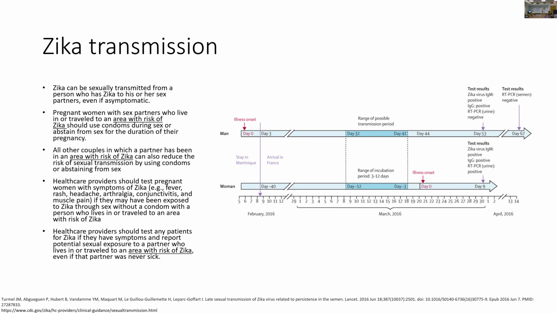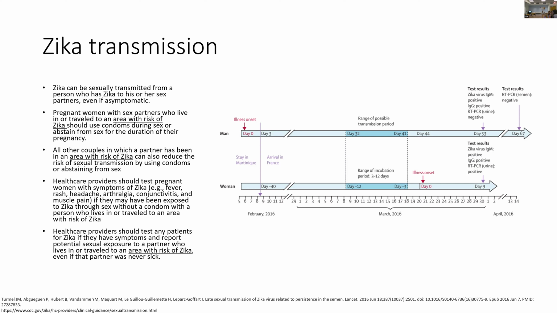We see the man had the onset of illness. The woman was in France and not exposed to Zika from insects. There was sexual intercourse, and then several days following the sexual intercourse, the woman developed these symptoms of Zika and turned seropositive and PCR positive.